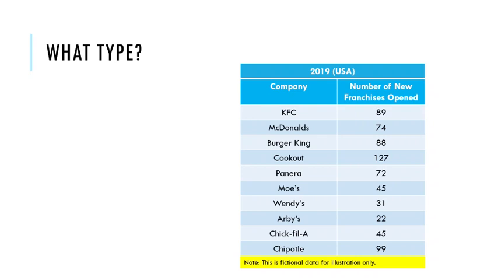Do you agree here, guys, that this is a cross-sectional data set? There's no time dimension. This is just static data for 2019, a snapshot in time. But yet I have a bunch of different entities or subjects, right? They're all companies, but they're different fast food type companies. So this is cross-sectional data.